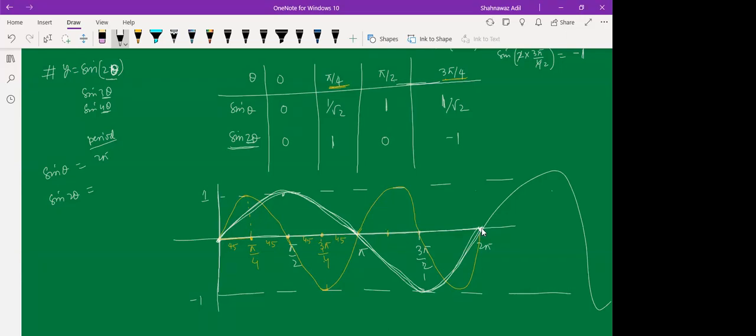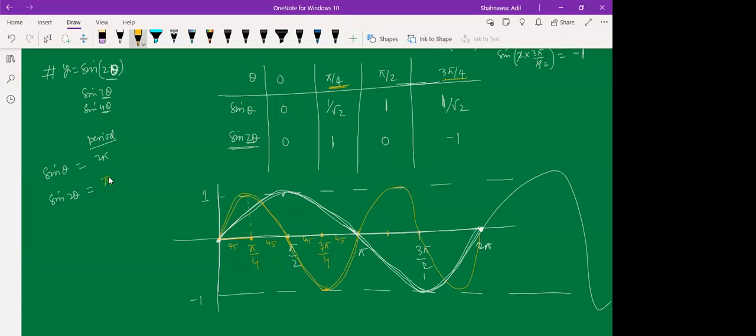So one cycle is completed at 2 pi for the sine function. Now let us see for sine 2 theta. This is going 1, 0, minus 1, 0. So when it is repeating itself, at pi, the period of this function would be how much? Is it clear? Pi. Yes, sir.